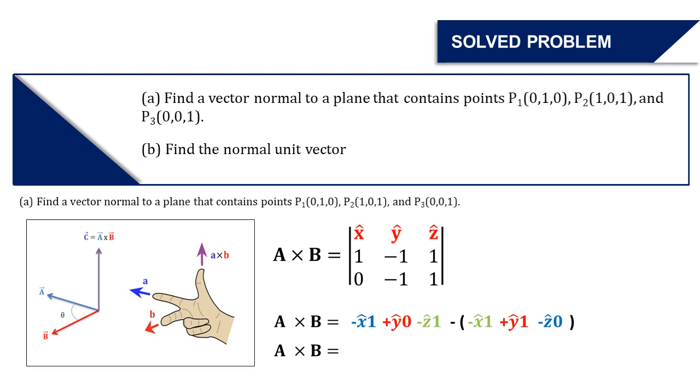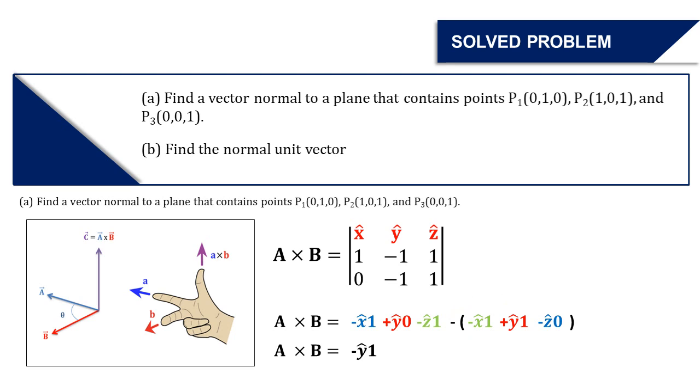Simplifying these terms, sa x side, we have 0, right? Kasi negative 1 to, and dito naman magiging positive 1. Therefore, 0 yung x component. Sa y naman, we have 0, then negative 1 to, dahil negative times positive is negative. So, negative y hat 1.